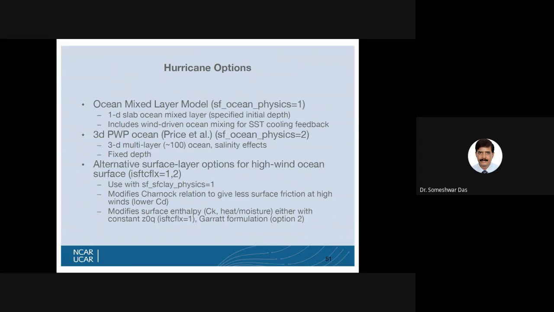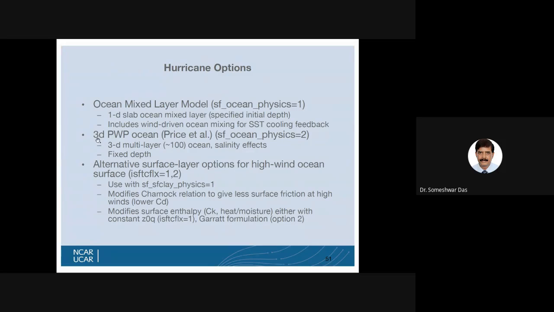You should better resolve the ocean parameters like ocean mixed layer depth, etc. So in that case, you have to choose the option sf_ocean_physics 1. Then it will take care of the ocean mixed layer. It considers a one-dimensional slab ocean mixed layer with a specified initial depth, and includes wind-driven ocean mixing for SST cooling feedback.